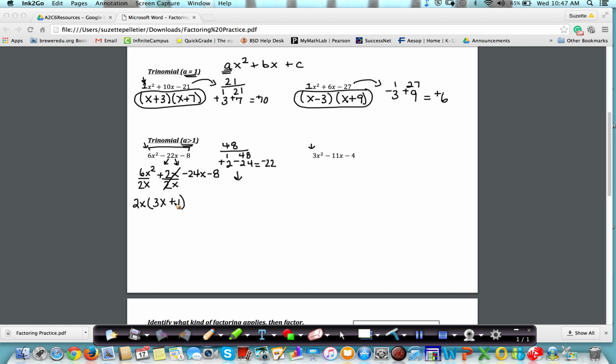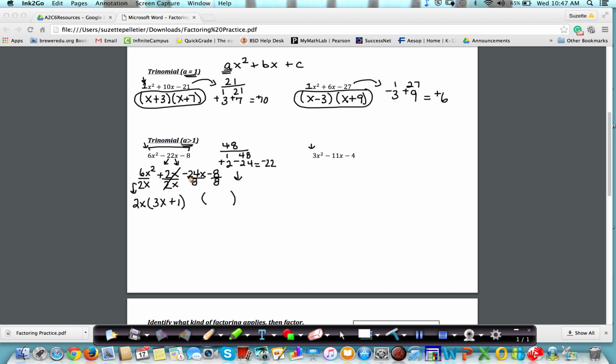Now remember, our goal when we're doing this strategy of grouping, where we group the first 2 together, take out a greatest common factor, group the second 2 together, and take out a greatest common factor. Okay, this is tricky because I want the 2 parentheses to be equal. So I want this to say 3x plus 1. And so what would I divide these by? What's the greatest common factor? It's 8.